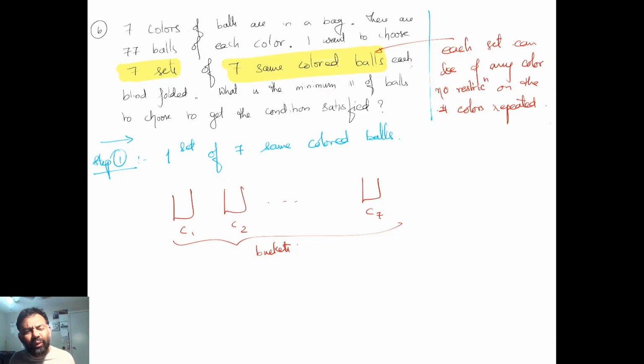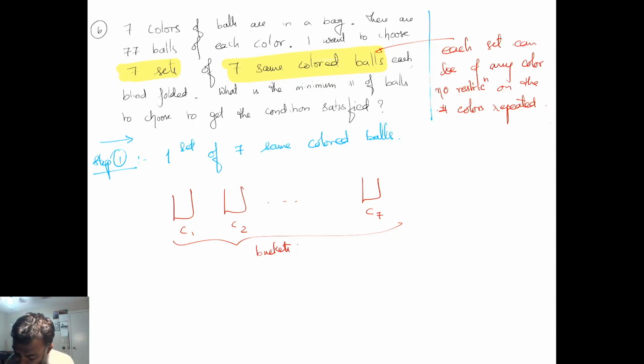Of course, there is a good scenario where you can just throw 7 balls exactly in one of the colors, but that is one specific case. It's not a necessary condition for any way of choosing, because you're blindfolded. So there is no way to actually pick a specific color from the bag, right?